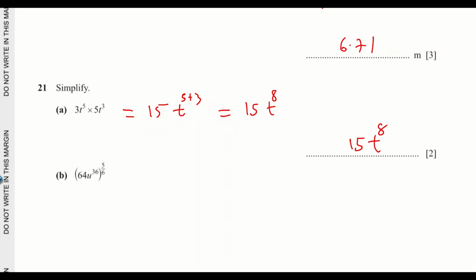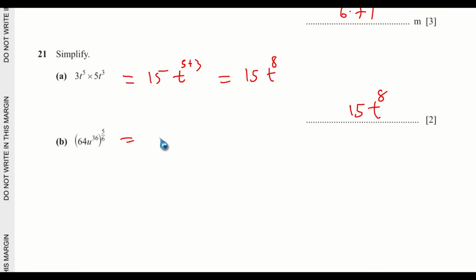So part B, you can write this as 64 to the power of 5 over 6, multiplied by u to the power of 36 times 5 over 6, because this power 5 over 6 is meant for 64 and u respectively.